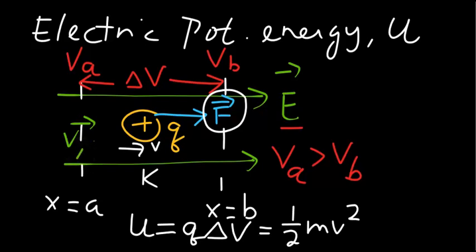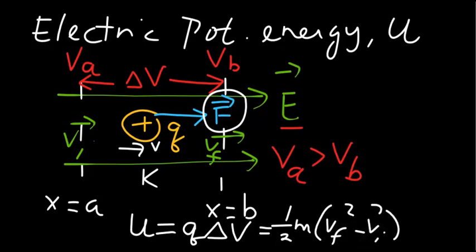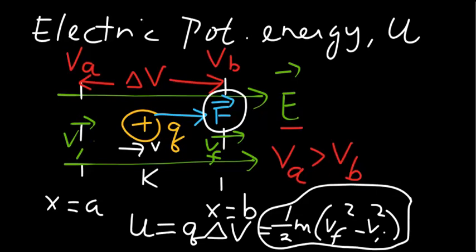This is a little v, and the speed at point x equals B is v_f to denote the final speed. Then the expression for the potential energy will more accurately become half times the mass of the charge times v_f squared minus v_i squared. So the change in kinetic energy of this charge equals the electric potential energy the charge has as it moves through a region with potential difference.